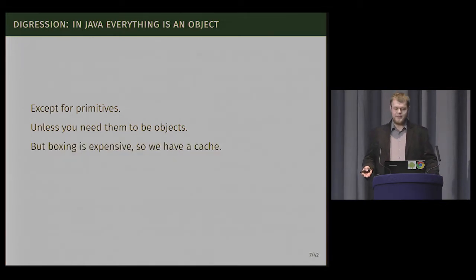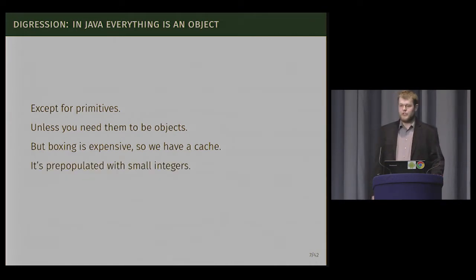So what we have is a cache of integers, so we don't have to create a new instance every time. We just reuse an old one. And to make it even faster, that cache is pre-populated with small integers, namely from minus 128 to 127. The best part of it, not only can we access that cache, we can modify it.